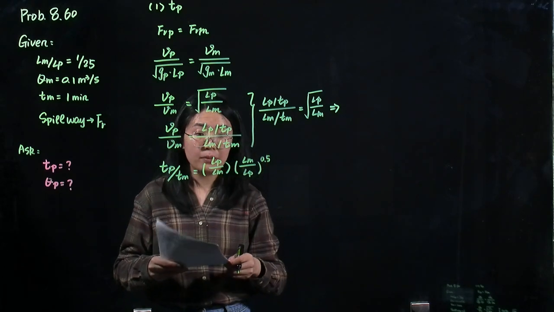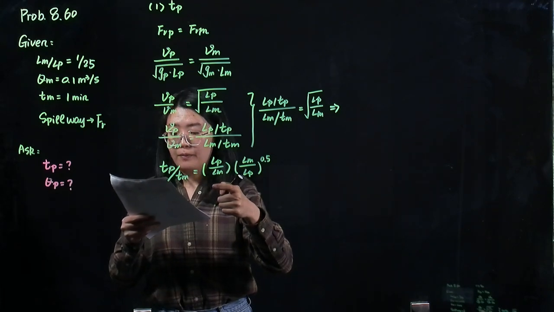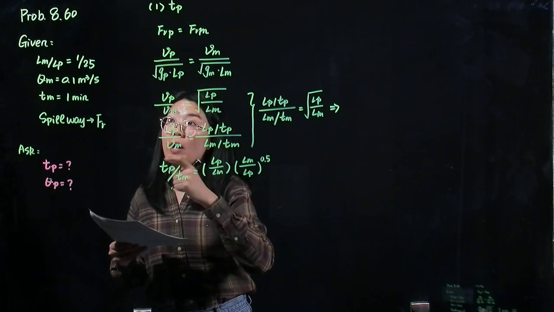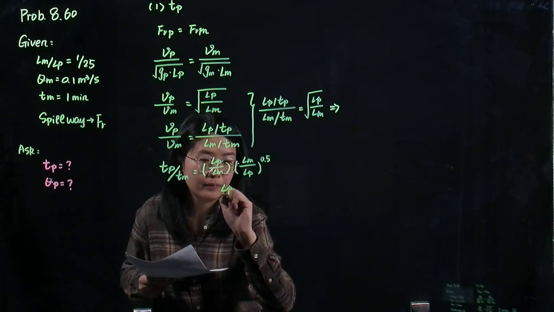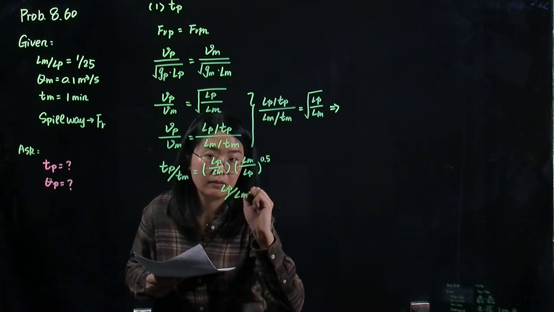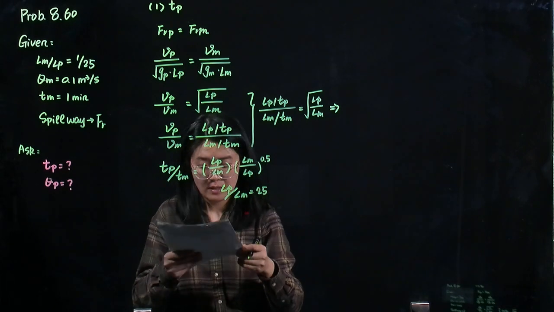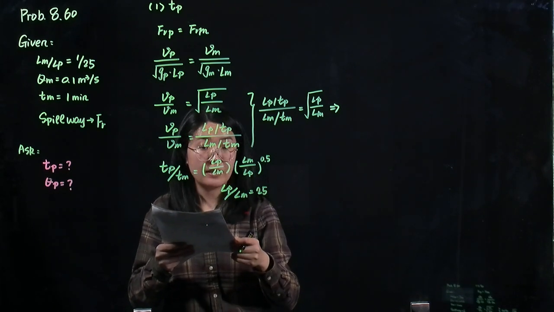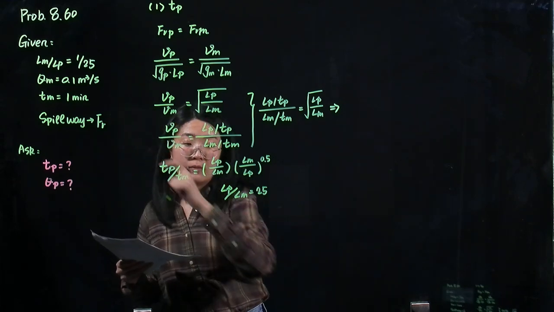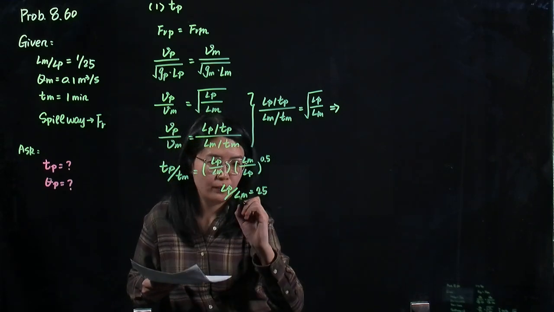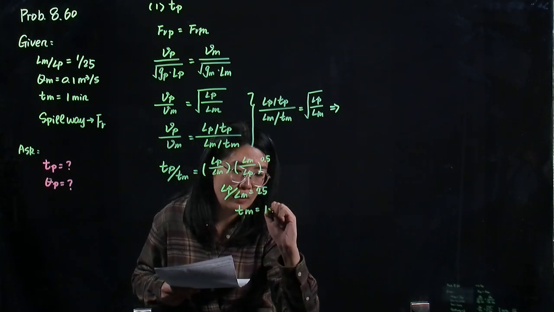Okay, so we know that Lp divided by Lm is 25, right? And we know the time Tm here equals 1 minute.